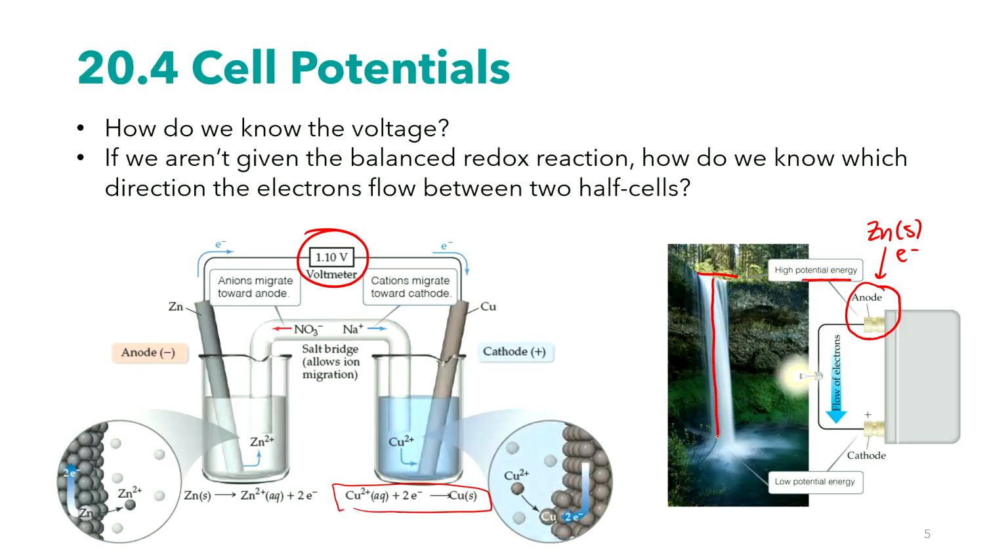The analogy here is that our electrons are at the top of the waterfall, and when we connect them to the cathode where they have the option to be on copper 2+, it spontaneously falls down. That generates a characteristic voltage. In this case, it's 1.1 volts when we connect these two. So what are these cell potentials? How do we calculate this number?